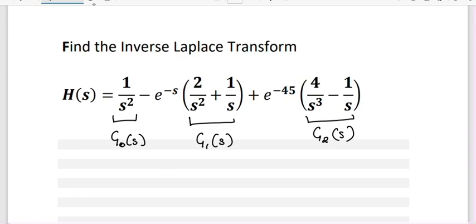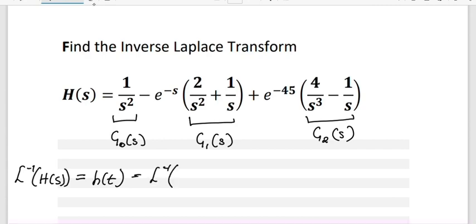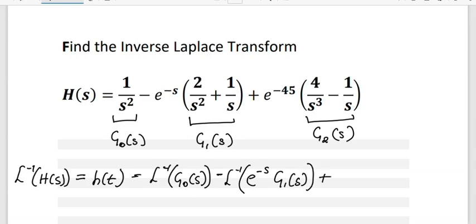So the Laplace inverse of our H of s, which we can denote as h of t, will simply be the Laplace inverse of g naught of s minus the Laplace inverse of exponential negative s times g1 of s plus the Laplace inverse of exponential negative 4s times g2 of s.